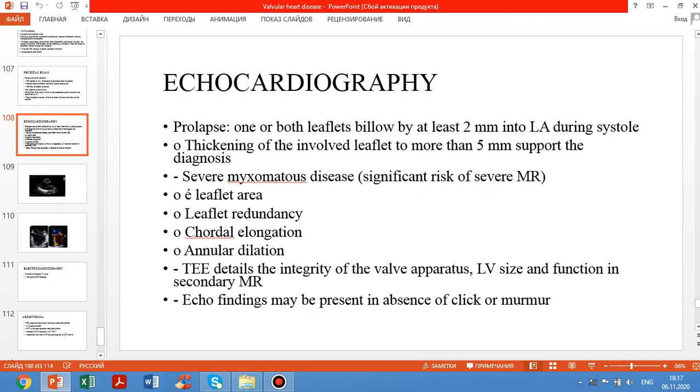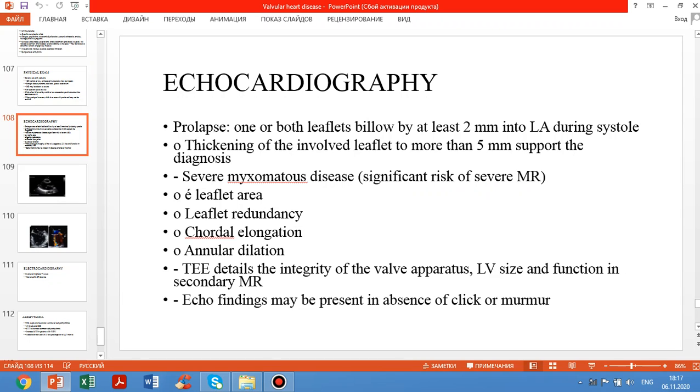Echocardiography: prolapse of the leaflets below the annulus by at least 2 mm into the atrium during systole. Thickening of the involved leaflet to more than 5 mm supports the diagnosis.